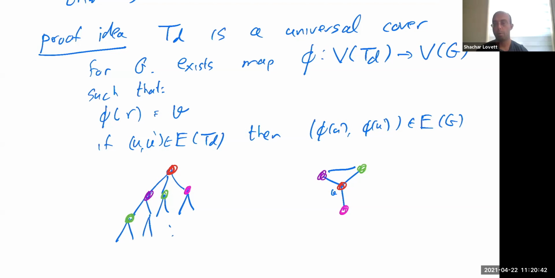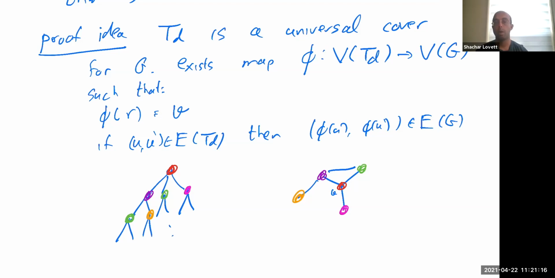Of course, we're mapping an infinite graph to a finite graph, so it cannot be one-to-one, but we're claiming that locally, we map neighbors to neighbors. Notice the purple one already has a red one as a neighbor, so we're not going to use it again. If this purple one has another neighbor, called orange, then this one is going to be orange. And we just do it inductively, level by level, in this D-regular infinite tree.